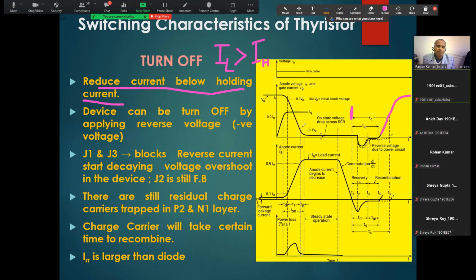So when you apply a negative reverse bias, that means you have 4 junctions, J1, J2, J3, J4, and J1 is reverse biased, J3 is reverse biased, but J2 is forward biased.